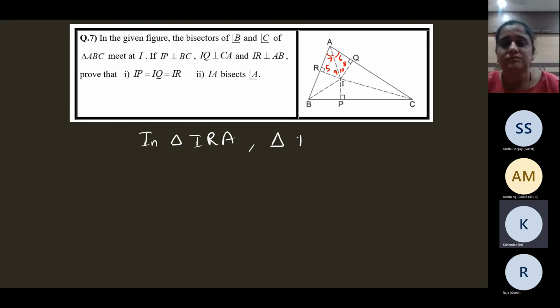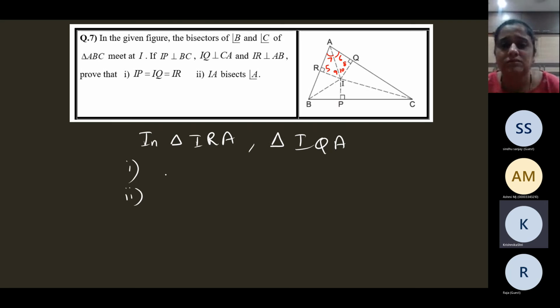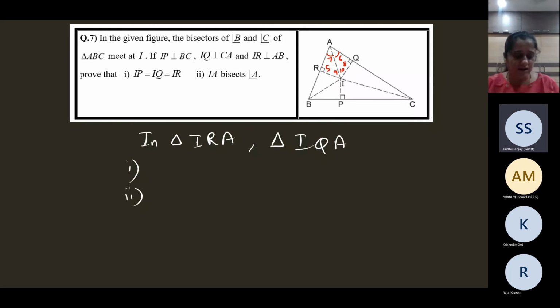In triangle IRA and IQA, angle 9 is equal to angle 10, which is 90 degrees. No, 9 is not equal to 10, darling.